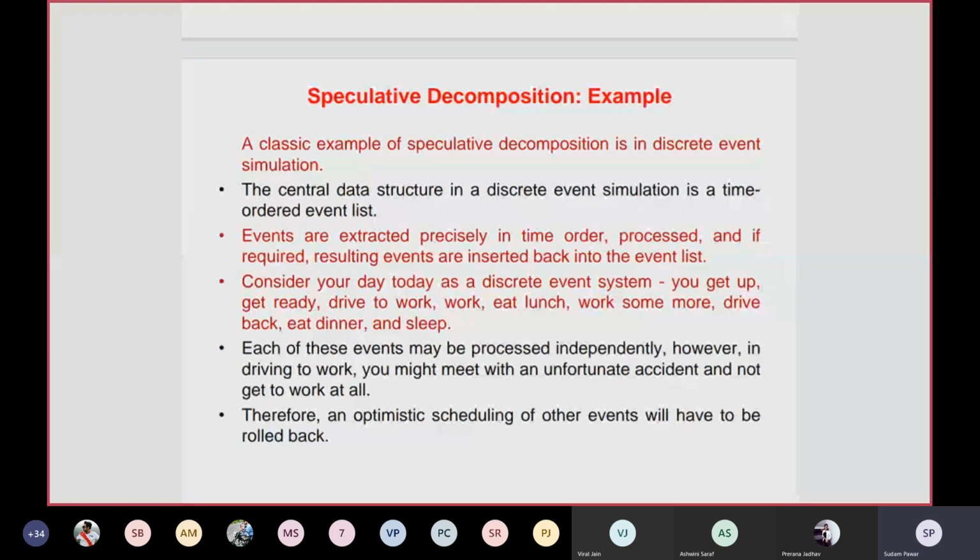Such simulation problems can be decomposed using the speculative decomposition technique.